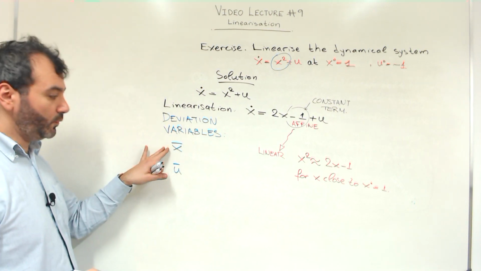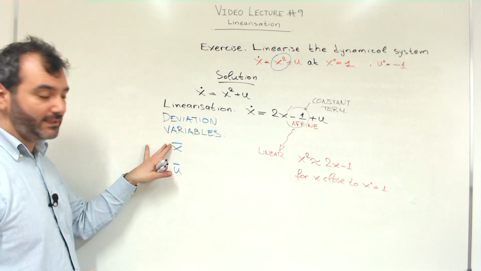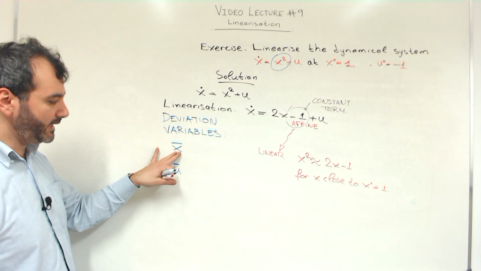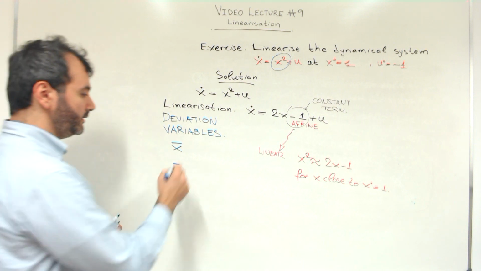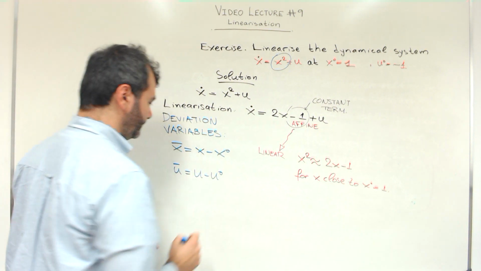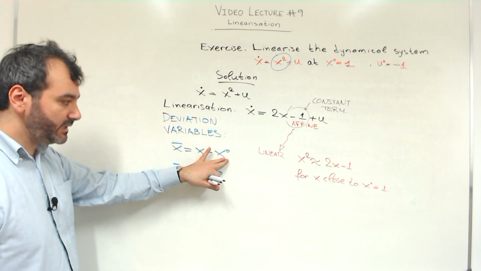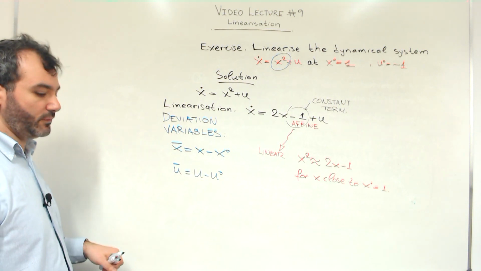And we will introduce one deviation variable for the state, which is denoted by x bar, and one deviation variable for the input u bar. And it will be x minus x0 and u minus u0.